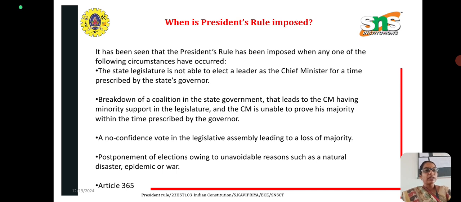A no confidence vote in the state legislative assembly leading to the loss of a majority. Postponement of election owing to unavoidable reasons such as natural disaster, epidemic or war. And the last important circumstance is Article 365.